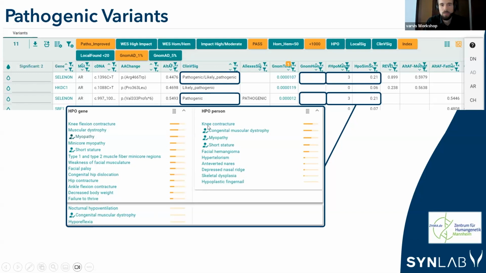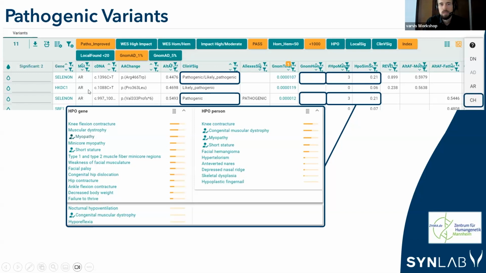But you can also see that, for example, the knee contracture and the knee flexion contracture were not the exact match, but it's obvious that those 2 terms are very similar, so therefore you got a high SIM score, and the same was true for the muscular dystrophy here and the congenital muscular dystrophy, which is also quite similar.